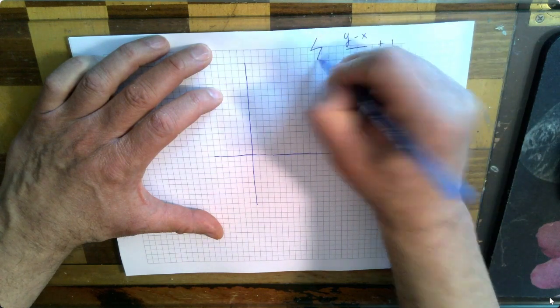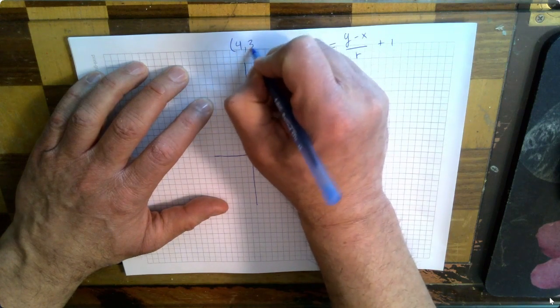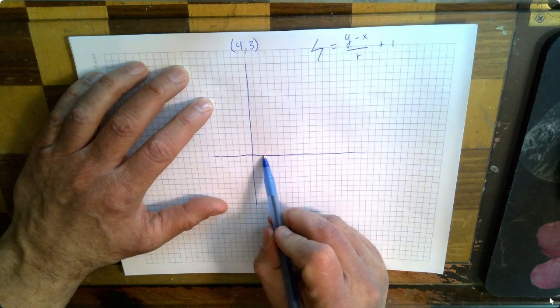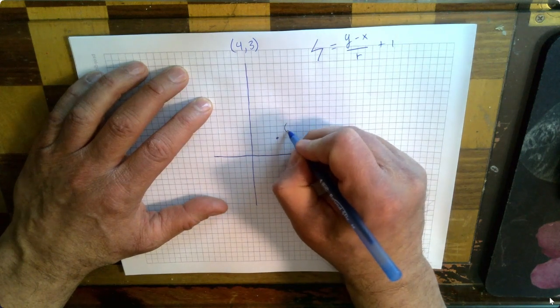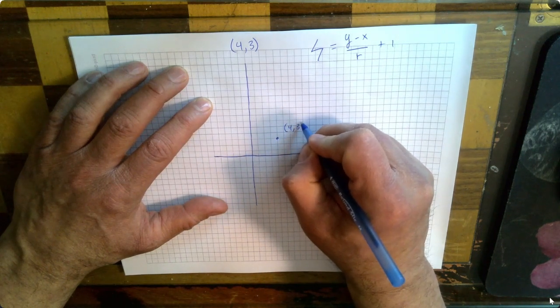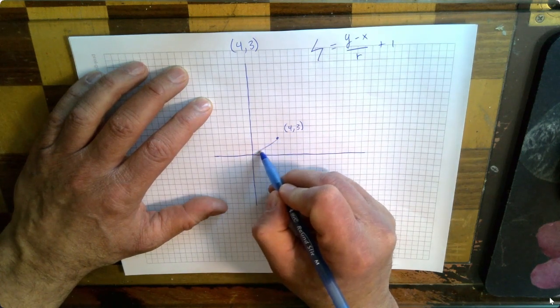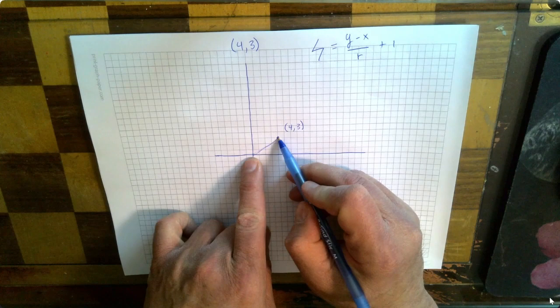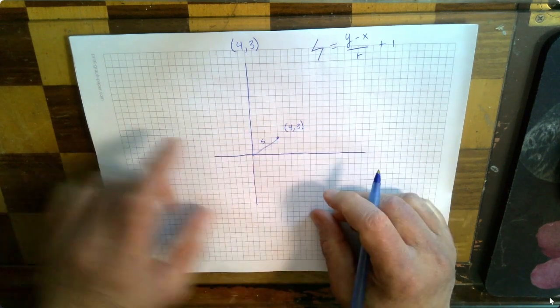so that is what kappa equals, and I have picked the point 4, comma 3, because if I graph that point, I happen to know that the hypotenuse, which is the distance from the point to the origin, is 5.